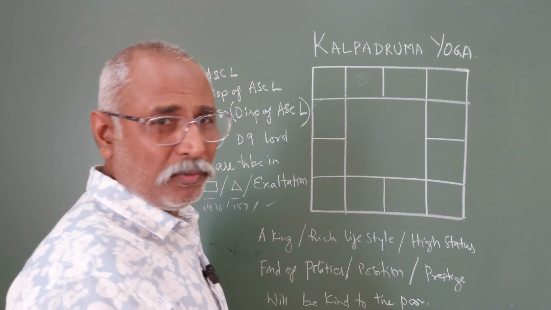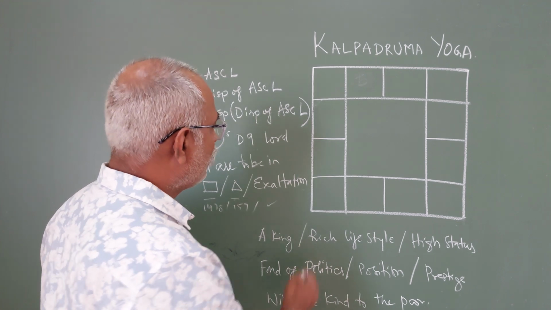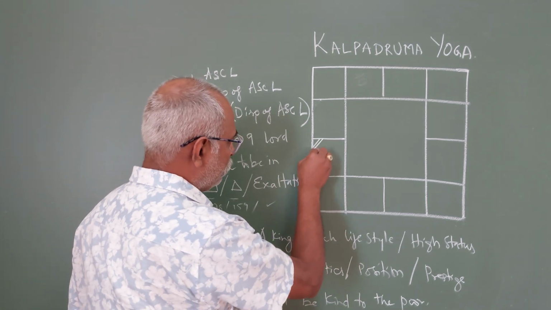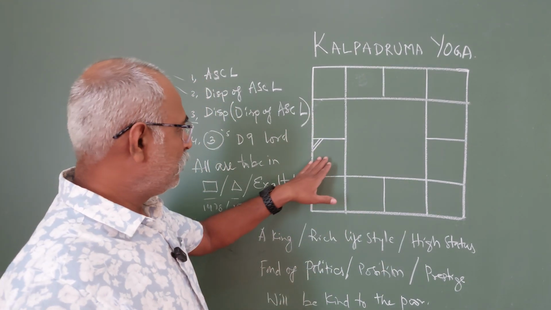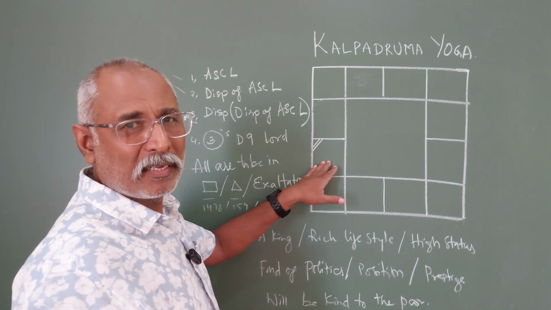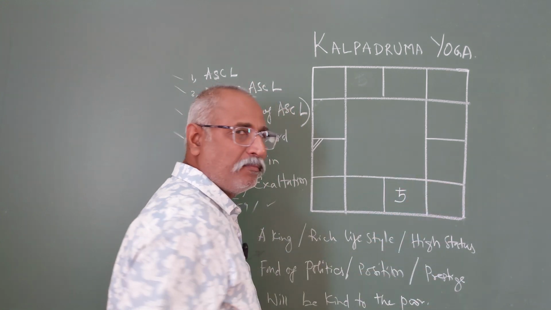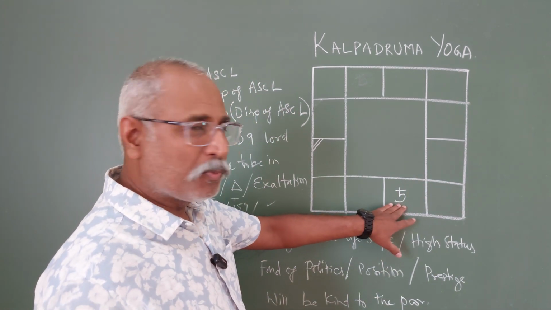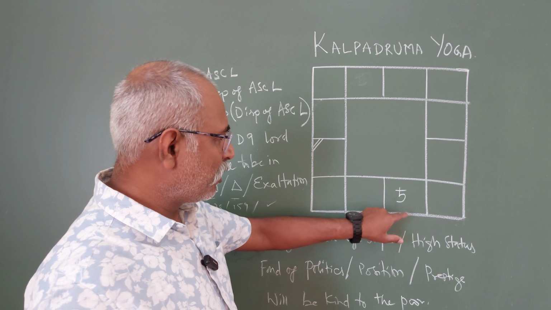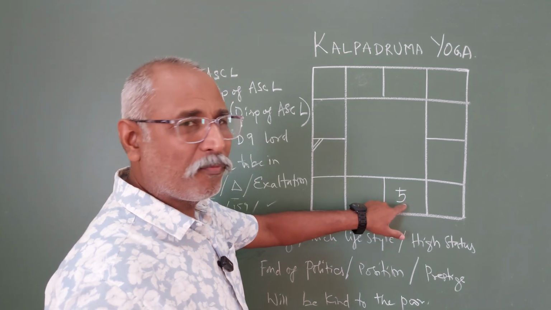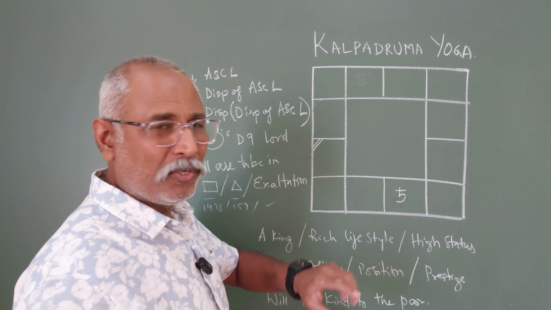So let us go into the chart. Let me take this as the ascendant, that is Capricorn. Place it in an exalted placement. The dispositor of this particular sign, Libra, the owner of Libra is Venus.